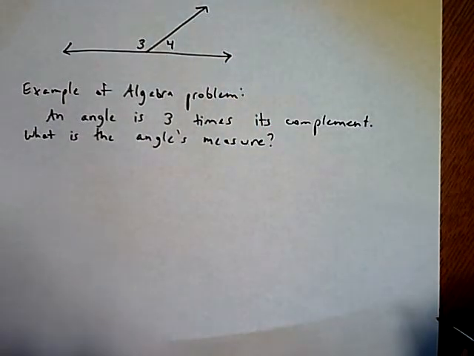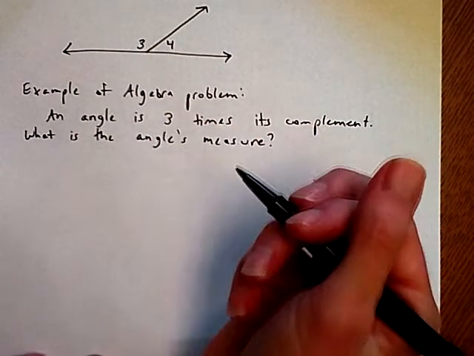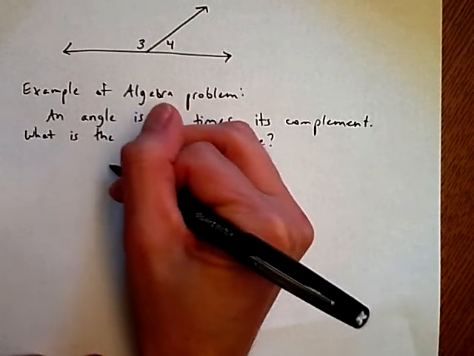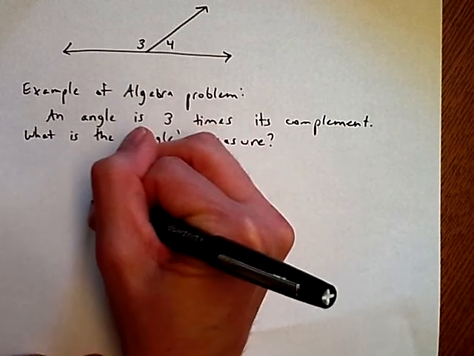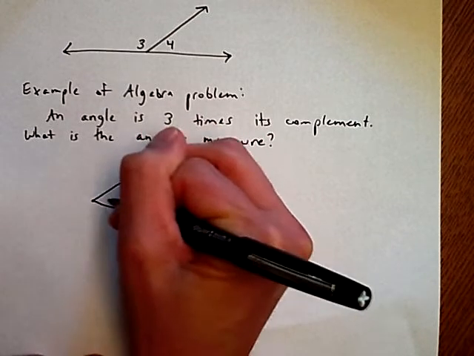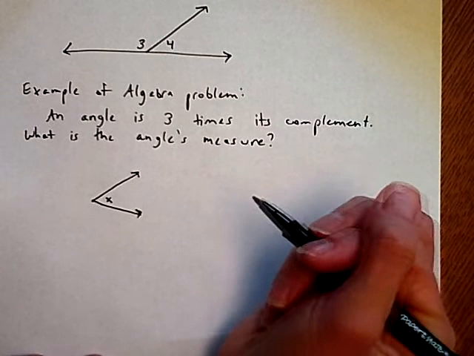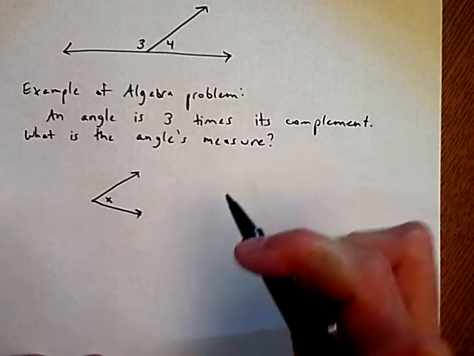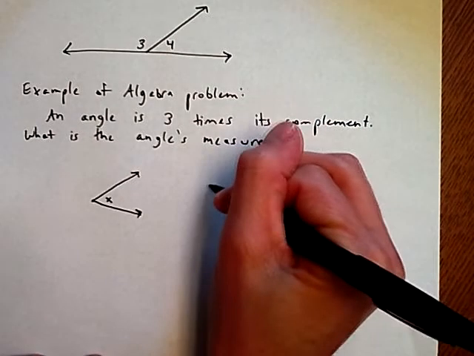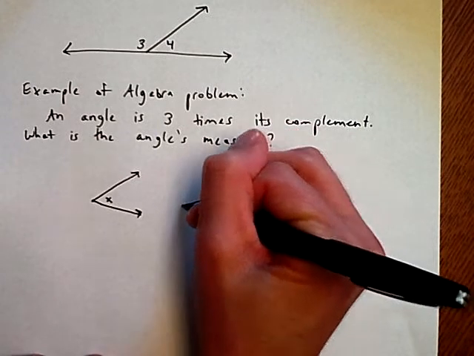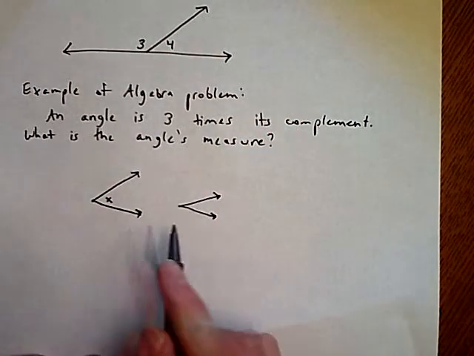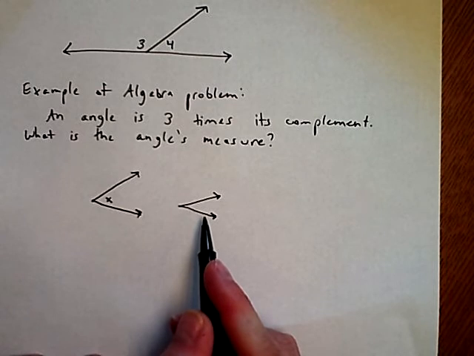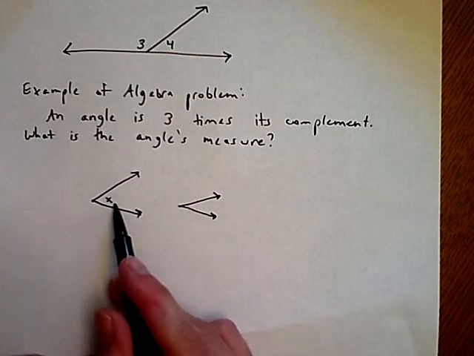So before I write an equation, I'm just going to do a quick sketch. So let's say the angle is x. Well, the other one's supposed to be smaller. The angle's complement, this angle plus that angle has to be 90.